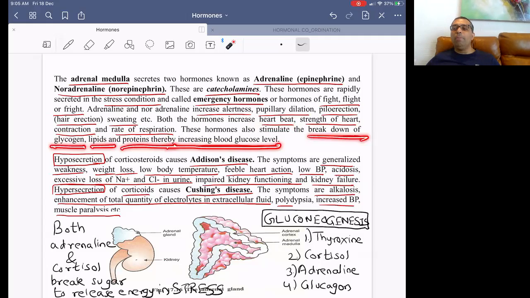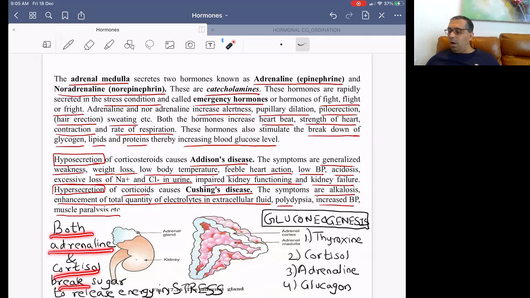So, glycogen, lipids, and proteins are all broken down with the help of adrenaline and noradrenaline. तो सर याद ये रखना है, both adrenaline and cortisol can break sugar to release energy in stress. Stress में adrenaline and cortisol both break sugar and release energy in stressful conditions.